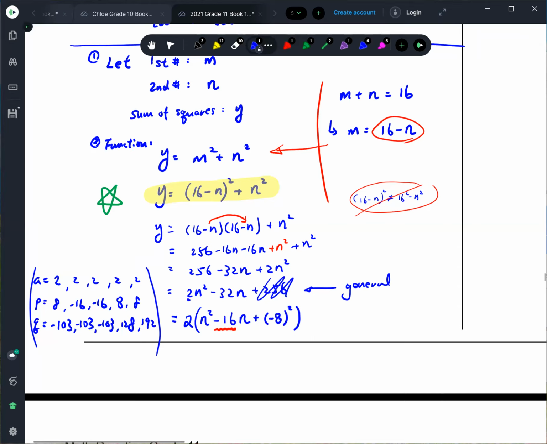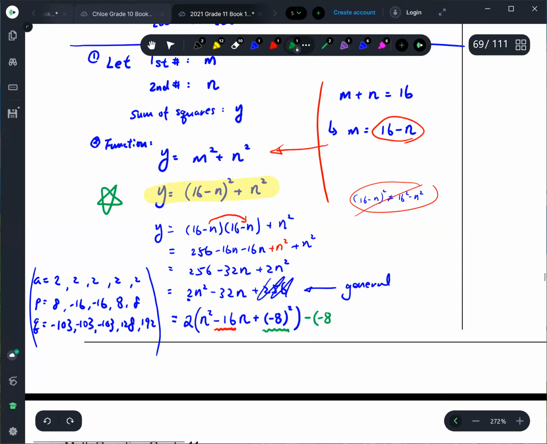Now we need to balance. Balance is the part that's the hardest for most of you, okay? You added something extra, right? So you need to subtract the extra to balance it back. So you subtract the negative 8 squared and then times it by the 2 that you factored out.